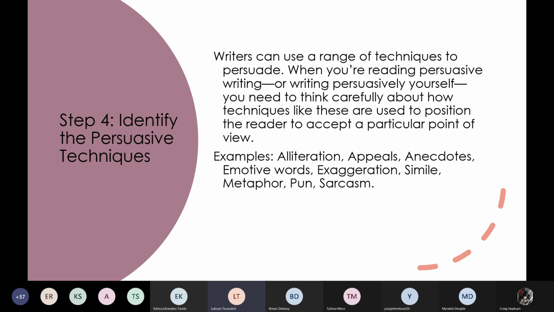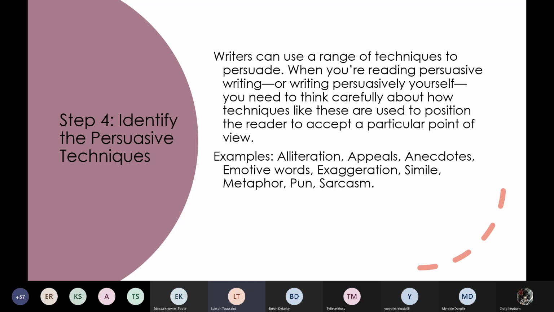All right, so the last step. We're talking about identify the issue, identify the writer's contention, identify the tone, and now the fourth step is identify the persuasive techniques, tying everything in, all of the persuasive techniques, all of the propaganda techniques, all of these techniques that you have already been introduced to and taught.